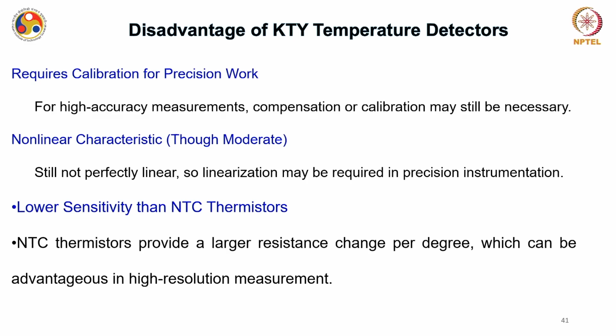You have to calibrate regularly if you are using it for highly accurate or precision work. Although non-linearity is not very prominent, we have seen that the performance is mildly non-linear. And last but not least, it has lower sensitivity than NTC thermistors.